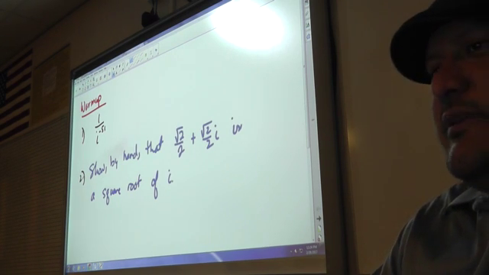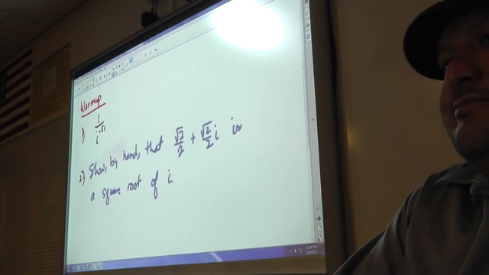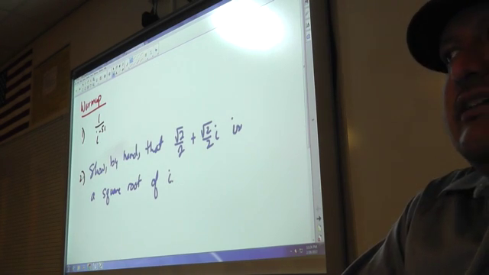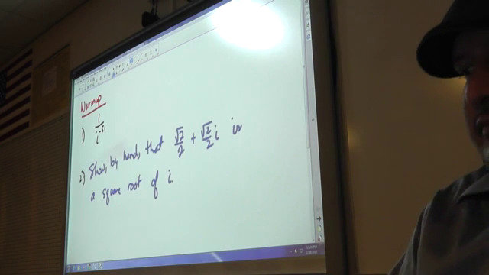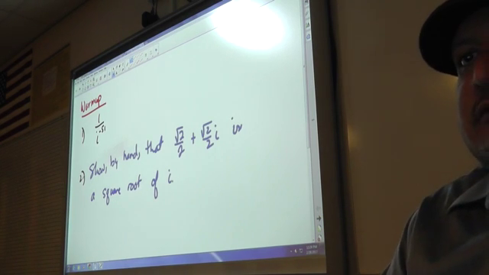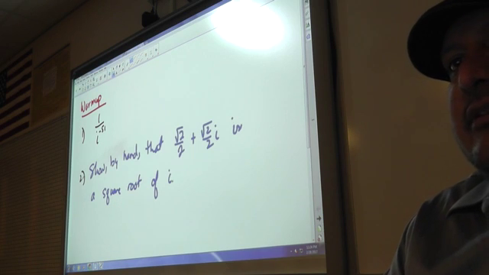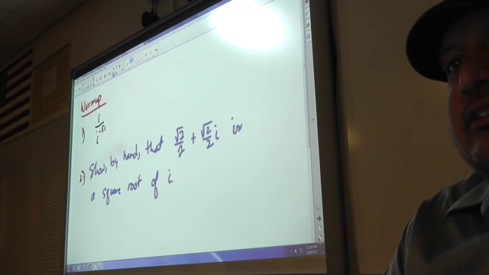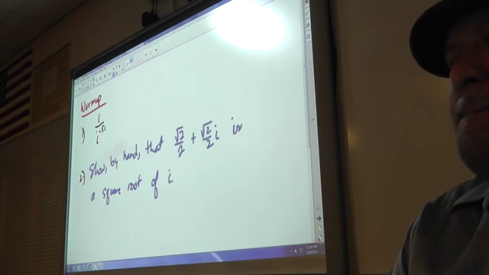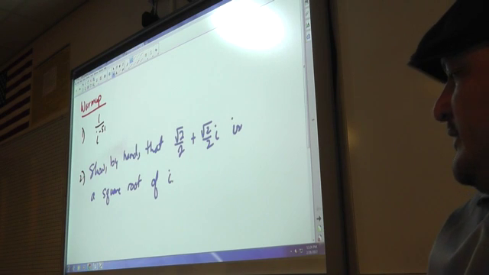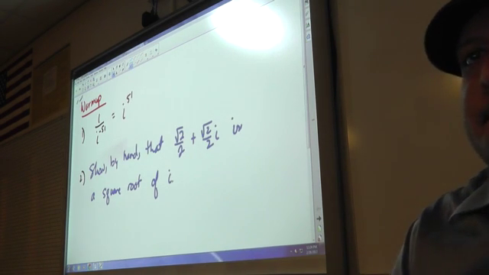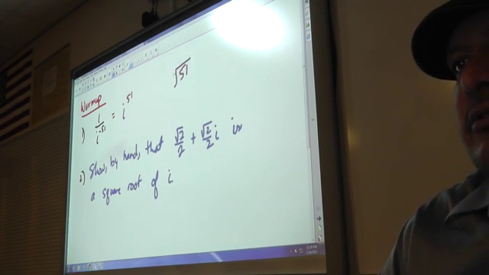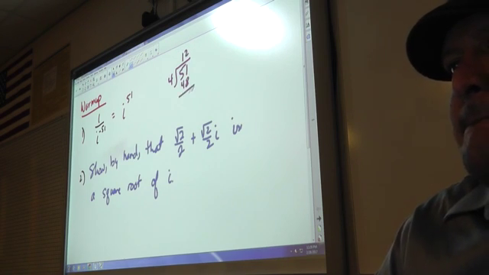So to show that the second one is a square root of i, all you've got to do is square it and see if it equals i. This first one is equal to i to the 51 power. We take 51 and divide by 4, that's 12 with remainder 3.